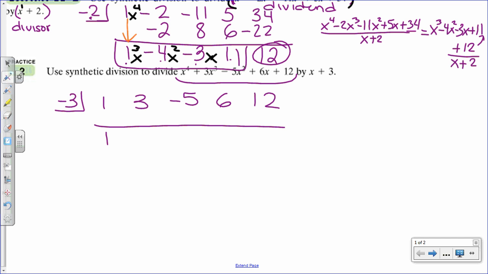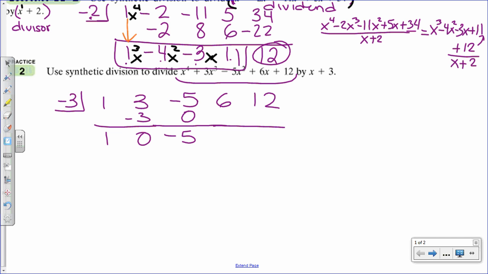First step is to drop the first number, okay? So drop the first term.